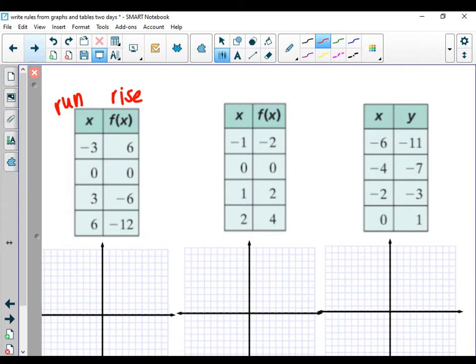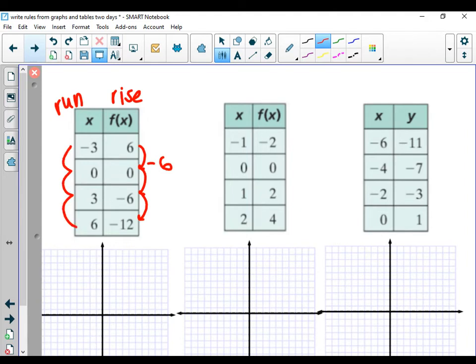Zach, do you see any pattern happening in our rise numbers? +6, you're very close. +6. Subtract 6, because I have to go back to 0. Does that make sense? Weston, do you see any pattern happening in our run numbers?